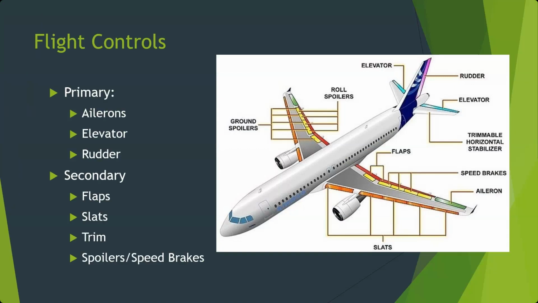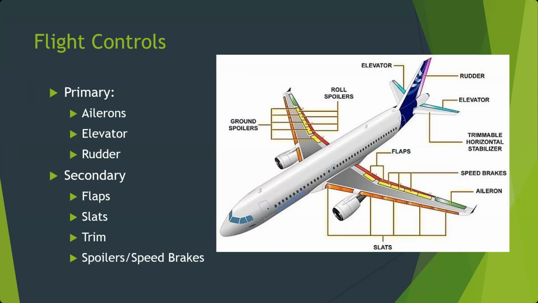Where flaps extend the trailing edge of the airfoil of the wing and increase its camber, slats drop down forward in order to increase the area of the wing, increase its camber, and thus increase lift at a given airspeed. But at the expense of, for both slats and flaps, when they're down, they do cause more drag.